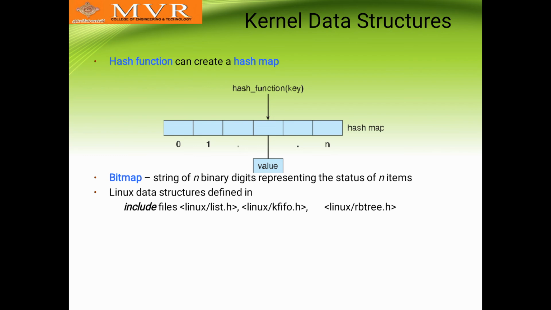We can do the operation, then the value will be checked out. Here the bit map is a string of n bits, a digital representation of the status of n items. The Linux data structures are defined in the include files linux/list.h, linux/kfifo.h and linux/rbtree.h.